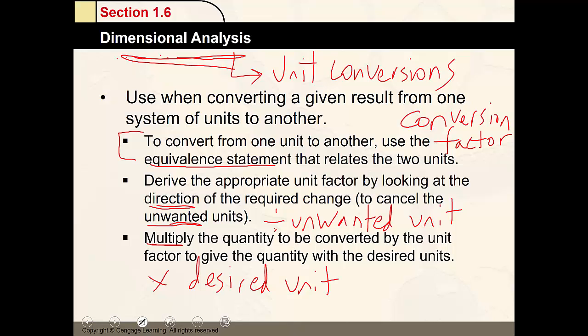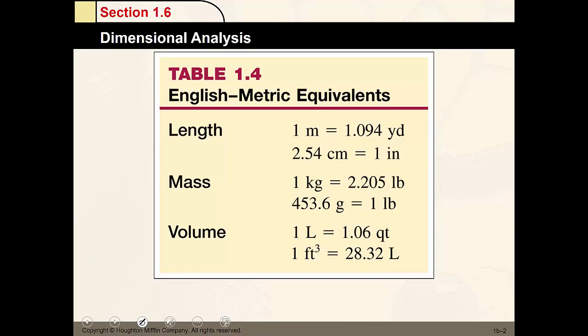Okay. And normally in here, remember we said we'll be using the metric system, or all of the SI units. However, if you ever need to convert from the metric system to any English units, you will be given all of these conversions listed here, or any of them that you need to solve a given problem.